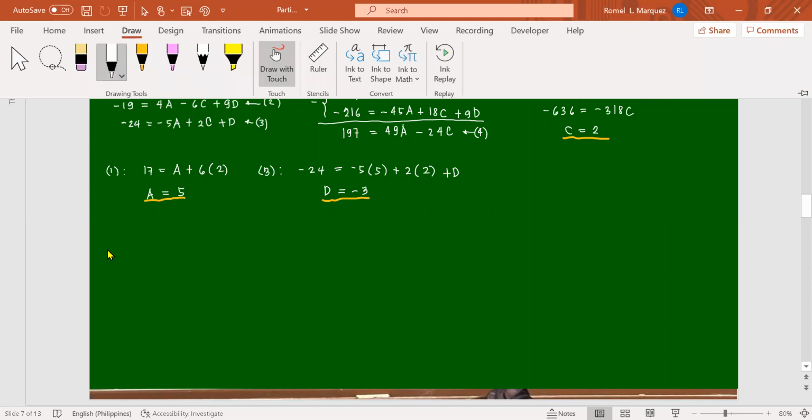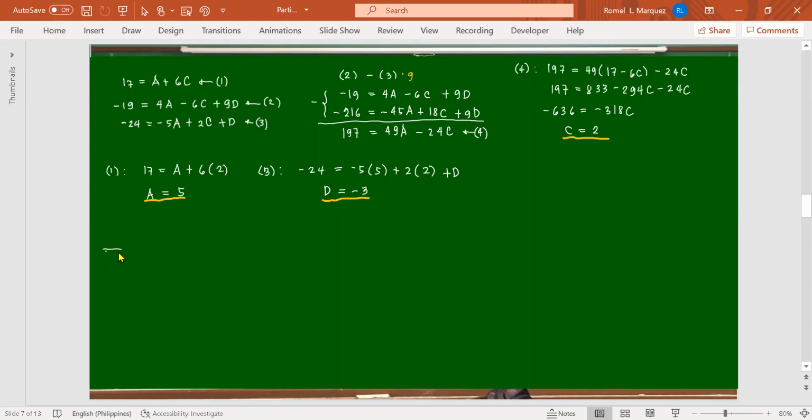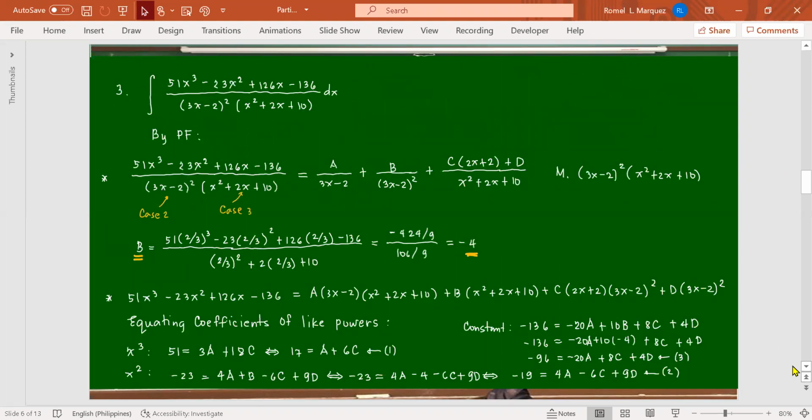Let's now form the equivalent integral. So we now get integral of, for A, that is 5, I can put that out. And then integral of dx over 3x minus what, guys? The denominator, 3x minus 2.